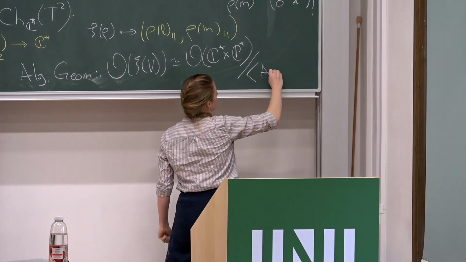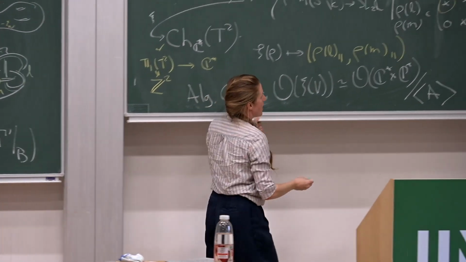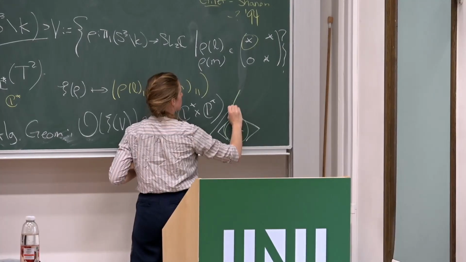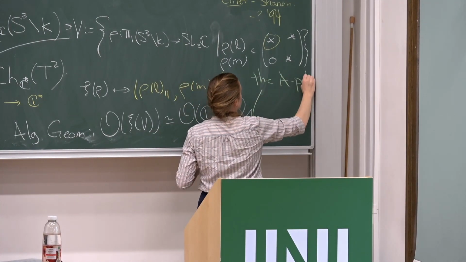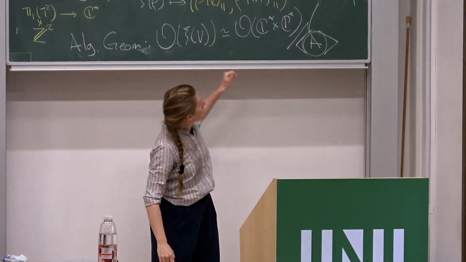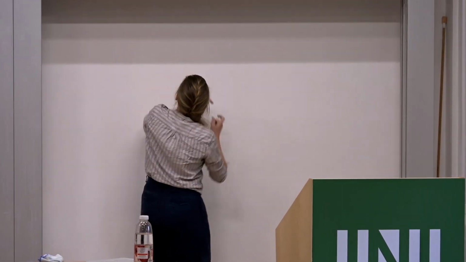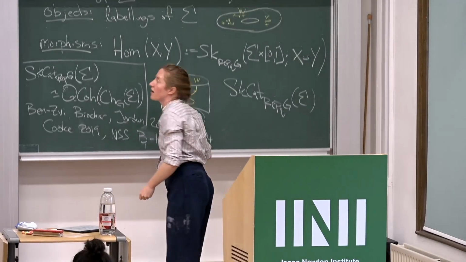It turns out to be a principal ideal, meaning it's generated by one thing. And this here is the A polynomial, of course after some normalization.